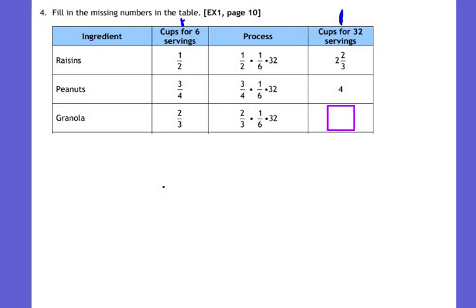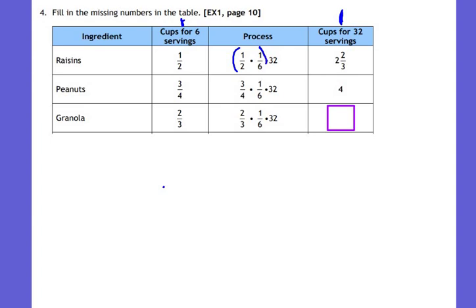So 1/2, where are they getting 1/2 from here? Raisins for 6 cups. They got that from the recipe, right? Times 1/6. Where is that coming from? That's 6 servings, but that says 1/6. So what are they doing here? They're dividing it by 6, or multiplying by the reciprocal.